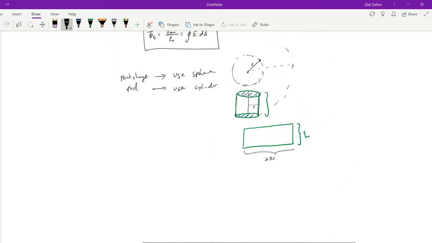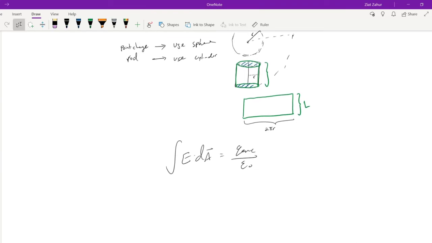Now using Gauss's law, it's very simple. If I encapsulate this thing, we get the integral of E dot dA is equal to Q enclosed over epsilon naught. Then you factor out the E because the E is constant. Then the integral of dA is Q enclosed over epsilon naught.